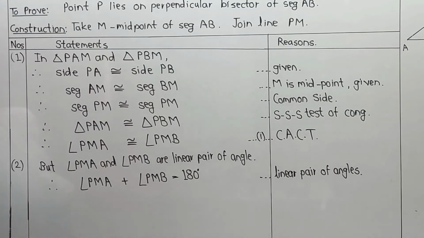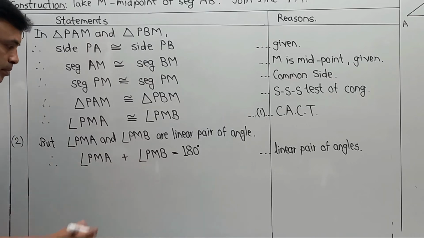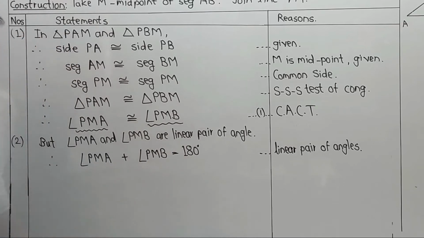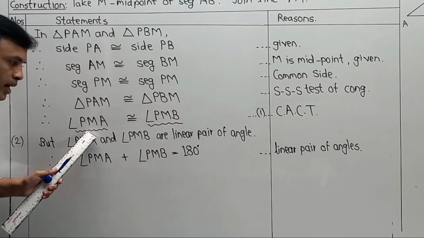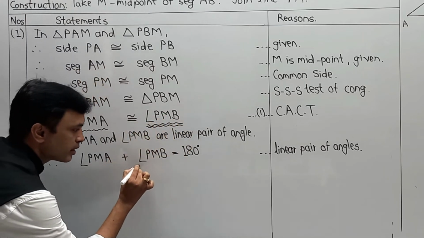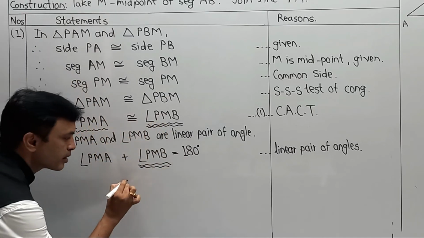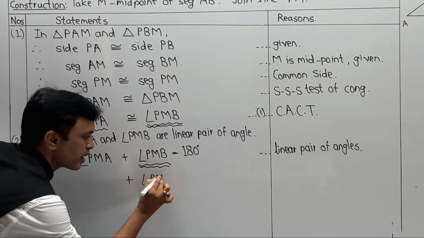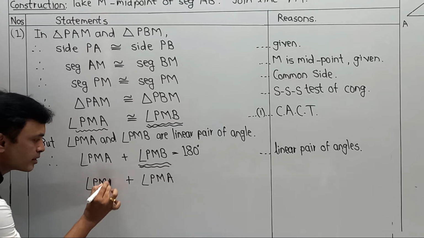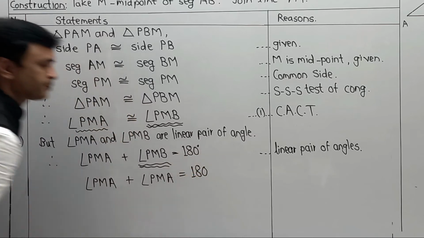Now PMA plus PMB is equal to 180 degrees, but we know that angle PMA is equal to PMB. Now we are going to replace PMB with PMA. So PMA plus PMA is equal to 180 degrees.